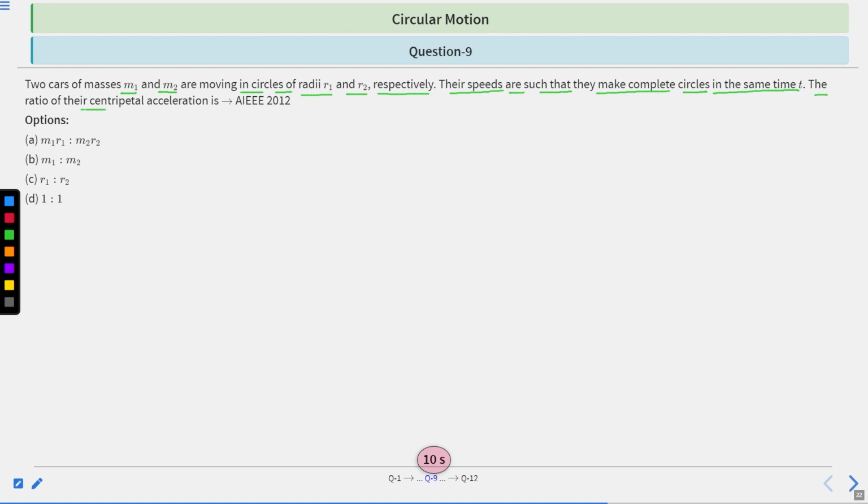What is the ratio of their centripetal accelerations? A is m1 r1 to m2 r2, B is m1 to m2, C is r1 to r2, and D is 1:1. So which one is correct? You have 10 seconds to solve this question. After 10 seconds, we will provide the solution.